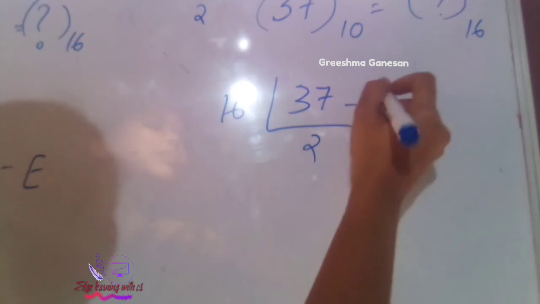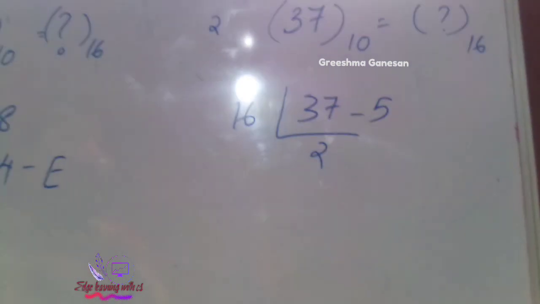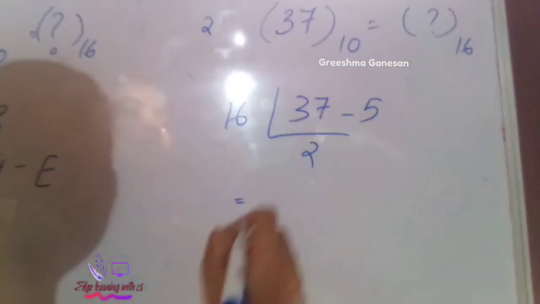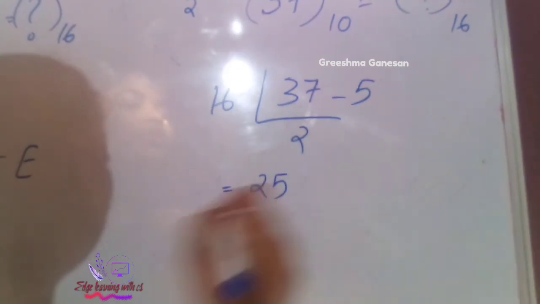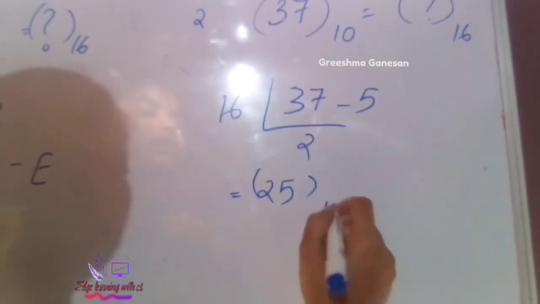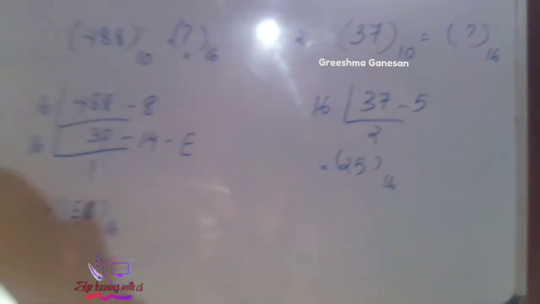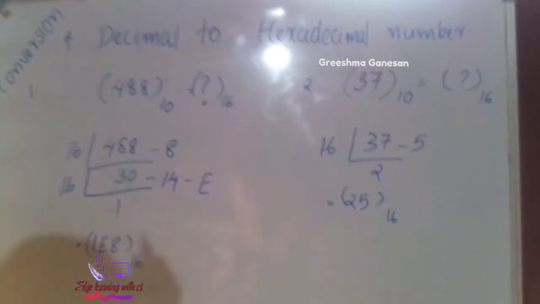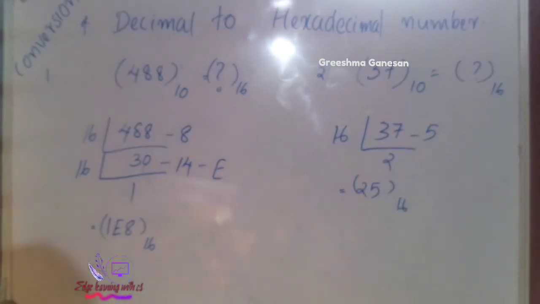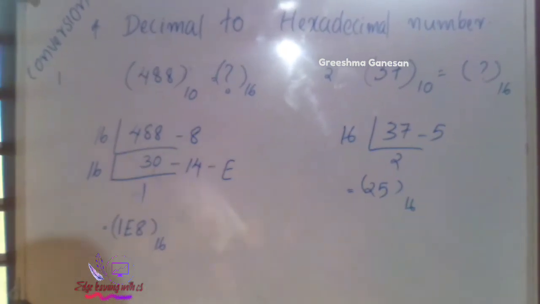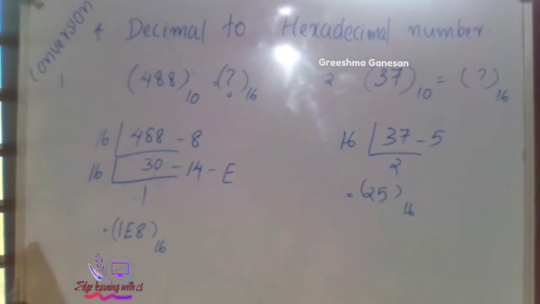Then the remainder will be 5. So the answer will be 25 base 16. Then the same way we can convert all the decimal numbers into hexadecimal.